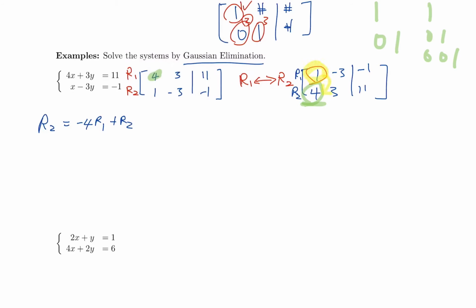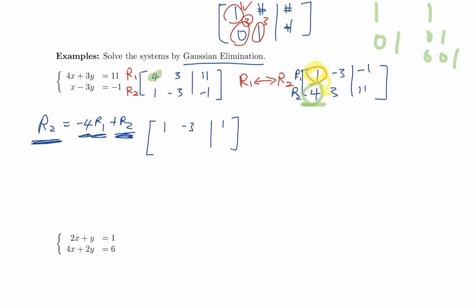So in this new, updated matrix, the first row stays as it is. But only the second row changes to, I'm going to multiply negative 4 to row 1 and add to row 2. So negative 4 times 1 gives me negative 4. Then negative 4 plus 4 is 0 here.